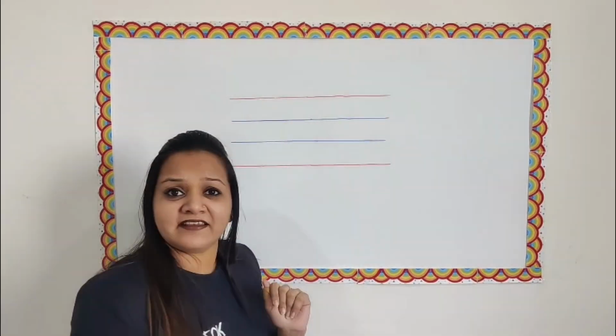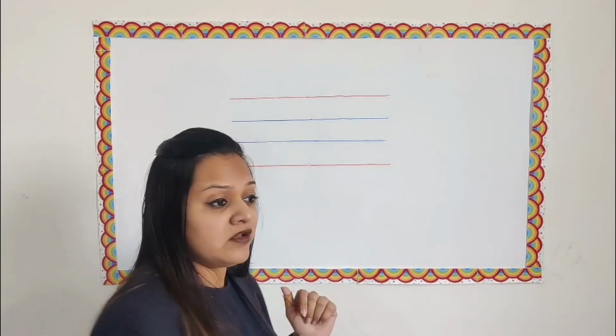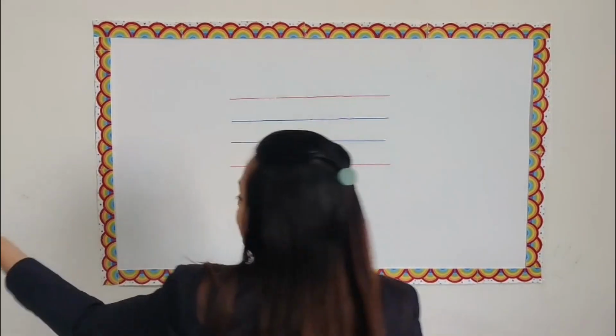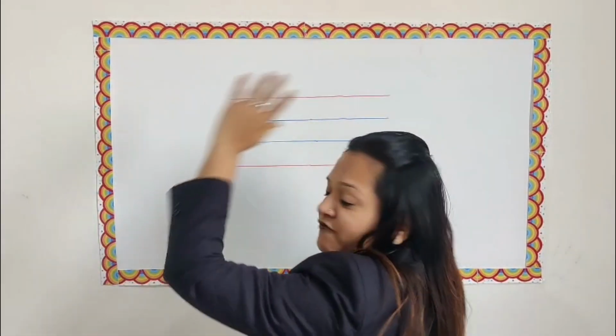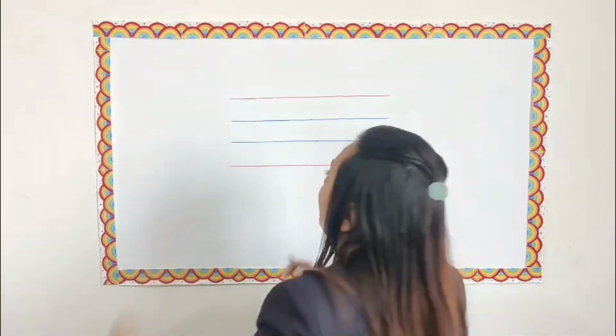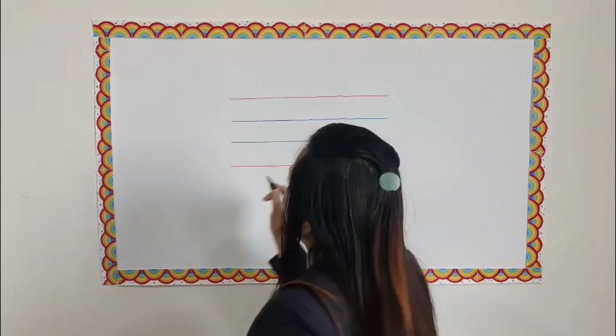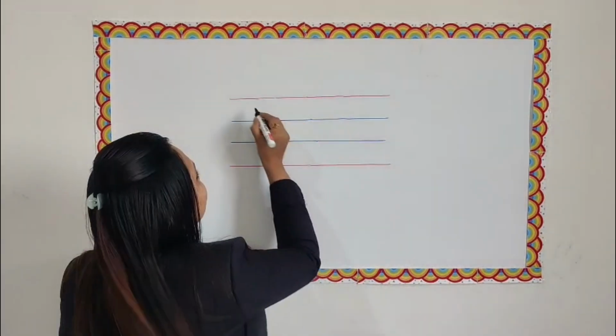And how do we write curves, children? When we talk about left curve, this is the left direction. Everybody show me your left hand. Yes, left curve. So our curve will go towards the left. So how do we write it?